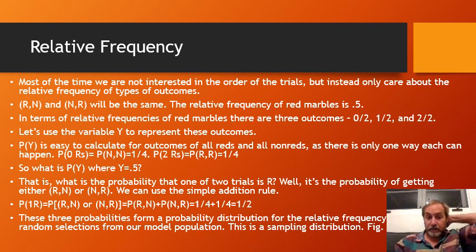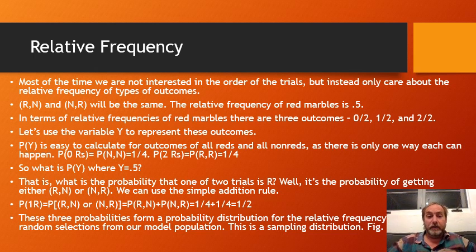So if you want to calculate P(y), the probability of each of these relative frequencies of reds, it's pretty easy to calculate for two of them, as there's only one way each can happen. The 0 reds and the all reds can only happen one way; there's only one out of the earlier set of 4 that are those.